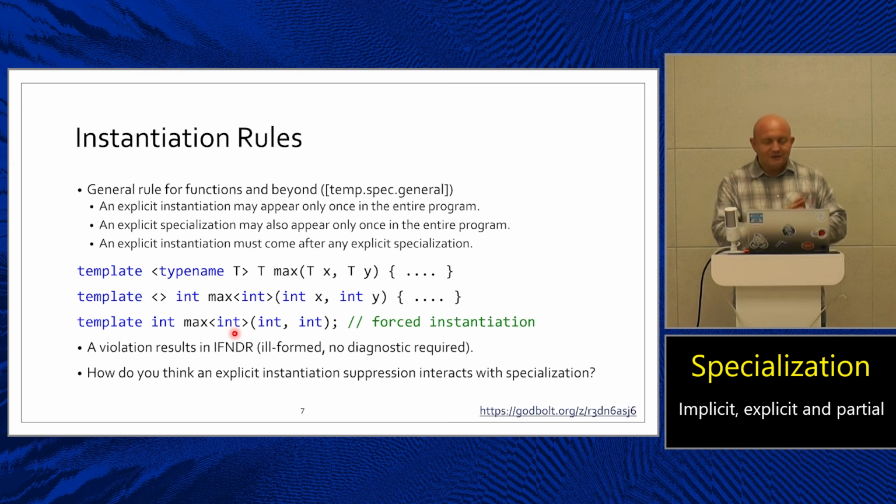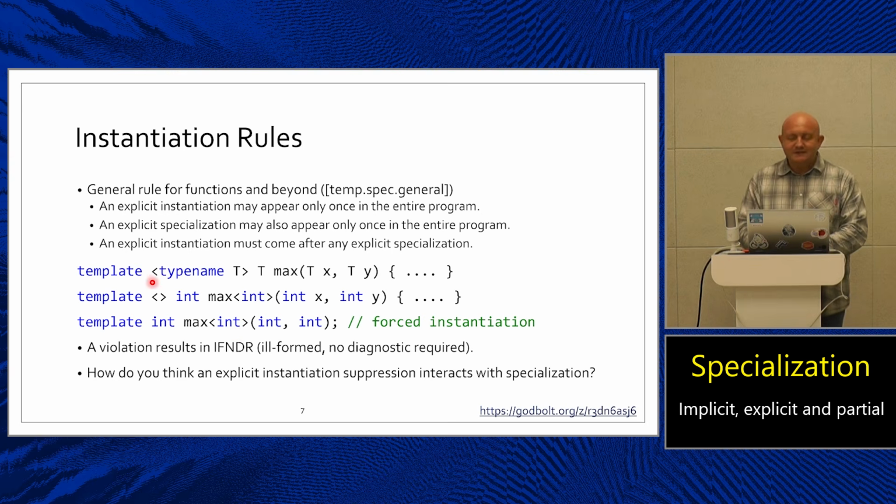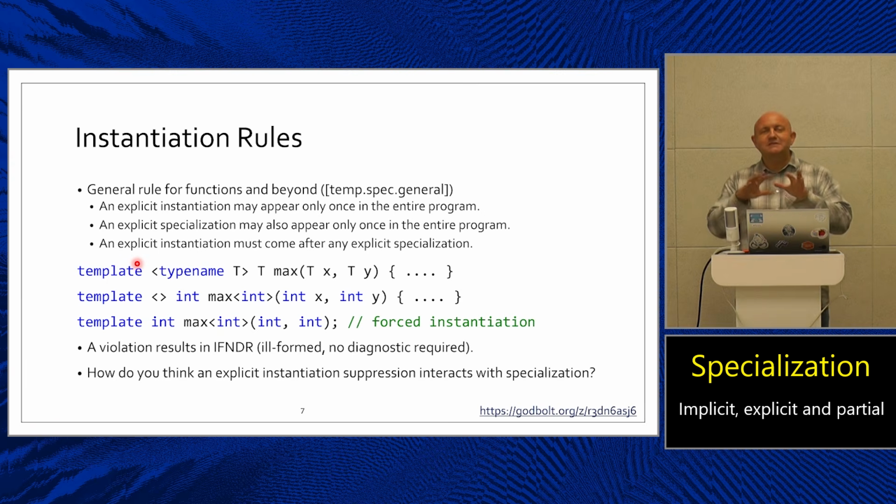Okay, and now let's look at the formal rules that govern how implicit instantiation, explicit instantiation, and explicit specialization interact. The standard gives us three main rules. First, an explicit instantiation may appear only once in the entire program. Second, an explicit specialization also may appear only once.